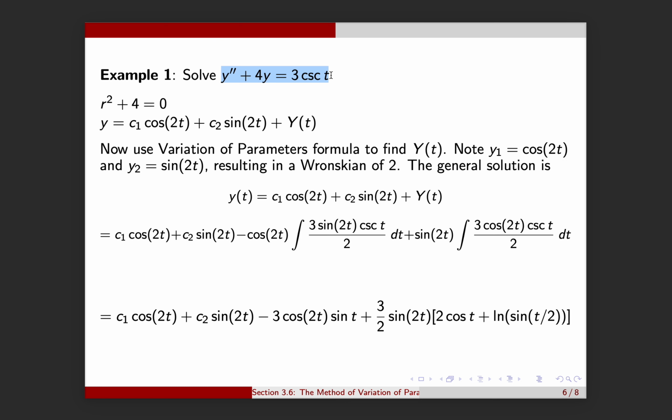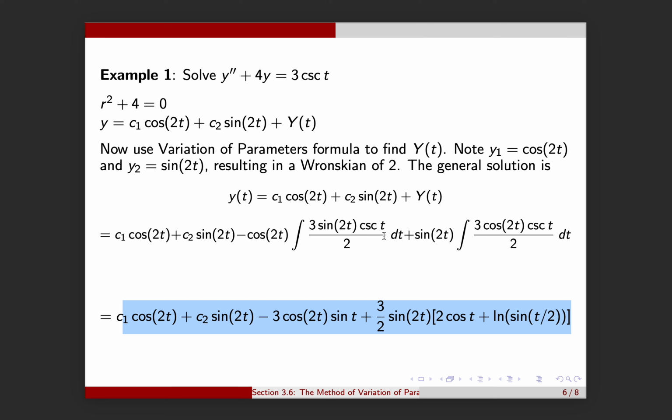Now, as always, if an answer has an integral in it, it would be nice not to have the integral in it. So here you go. Here's the answer without the integral. Now, integrating sine 2t cosecant t or integrating cosine 2t cosecant t, as you can imagine, might be kind of obnoxious. Your book will show you the steps here if you'd like to see them.